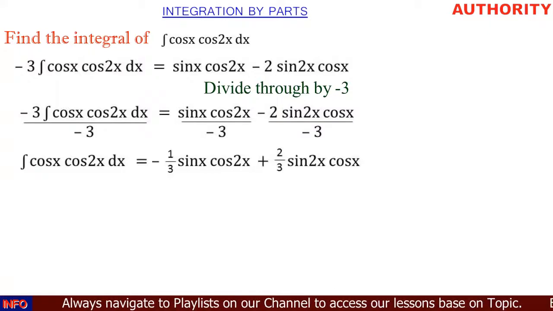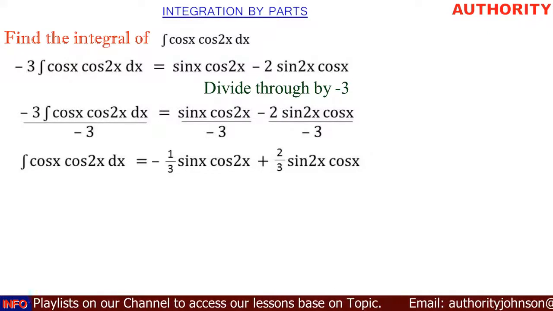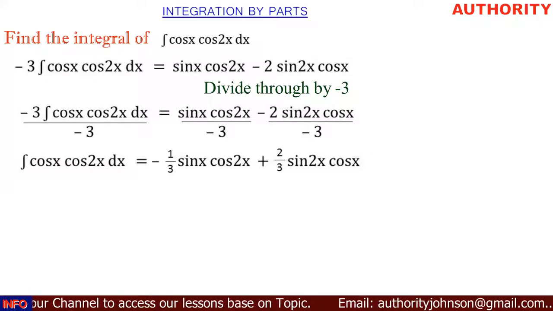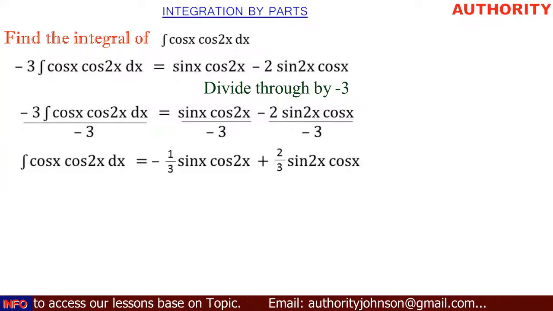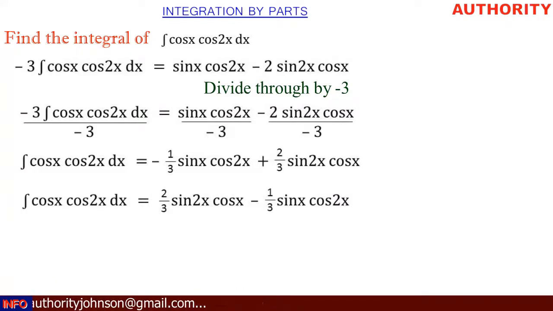Now this is going to give us plus, right? So we're going to have plus 2 all over 3 sin 2x cos x. All right, yes. So we can rearrange our values. All right, so we can simply have integral of cos x cos 2x dx is equal to 2 all over 3 sin 2x cos x minus 1 all over 3 sin x cos 2x.